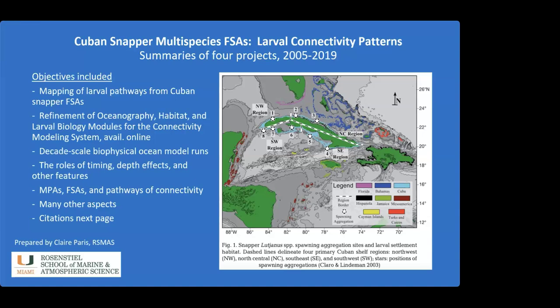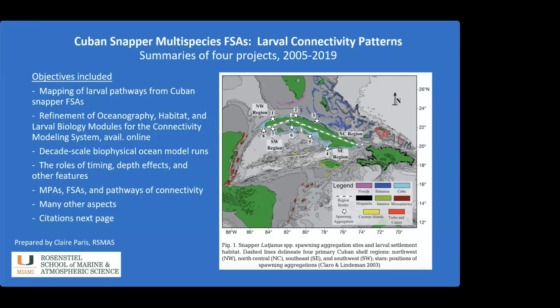The text on the left provides an overview of primary objectives of this work. Findings on the next slide. First, mapping of larval pathways from Cuban snapper FSAs. Refinement of multiple modules for the connectivity modeling system. More on that in a minute.